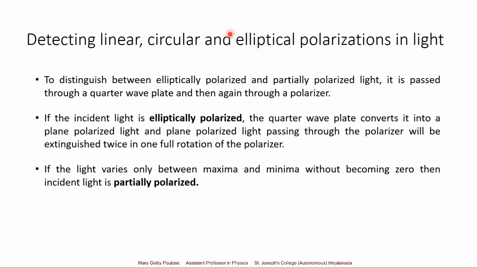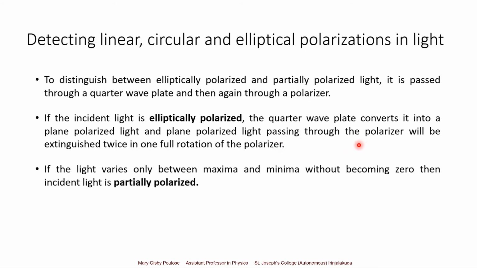Now, how do we differentiate elliptically polarized and partially polarized light? If that light is elliptically polarized, we pass it through a quarter wave plate first. The quarter wave plate will convert the elliptically polarized light to plane polarized light, and the plane polarized light is then passed through a polarizer.